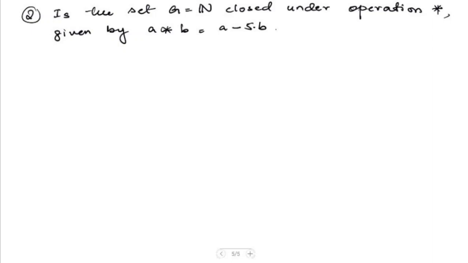Now generally if you look at it, natural numbers are without zeros and non-negative numbers. Only positive integers are natural numbers, right?